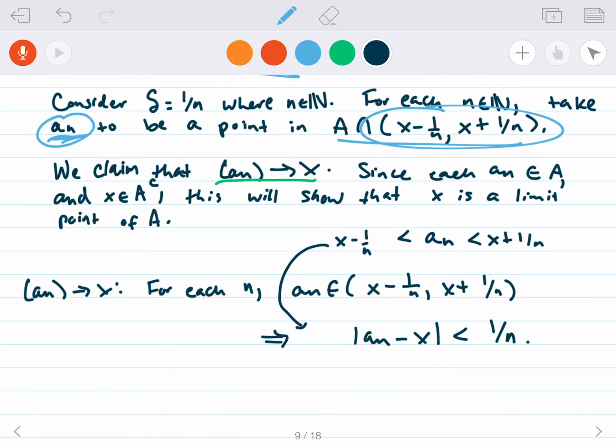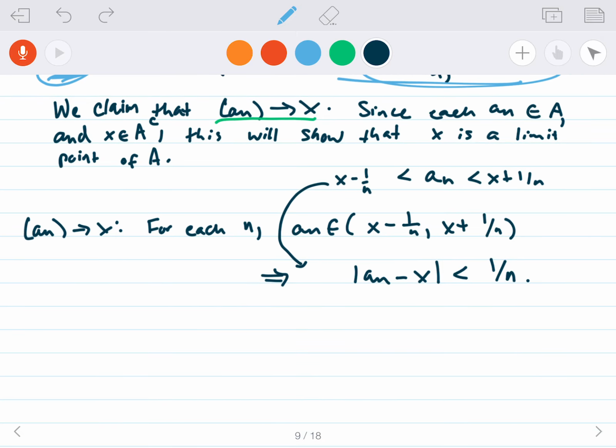We want to show convergence, and so we're thinking of this as our epsilon, right? To show convergence, we want to show that the distance here gets arbitrarily small. This is less than epsilon. Okay?